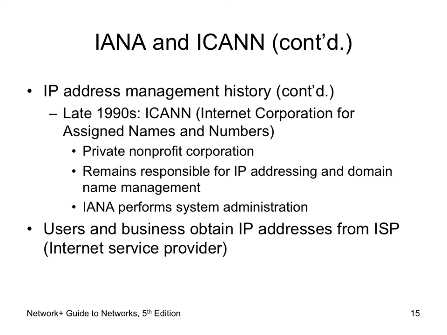So users and businesses obtain IP addresses from an ISP, for example, Comcast. If I own a business here and I have Comcast come in and set up a business plan, one of the questions they ask is, are you going to have your own web server? Yeah, I'm going to have my own web server. Okay, we're going to give you 3 external IP addresses for your location, and those 3 external IP addresses are just for your business.